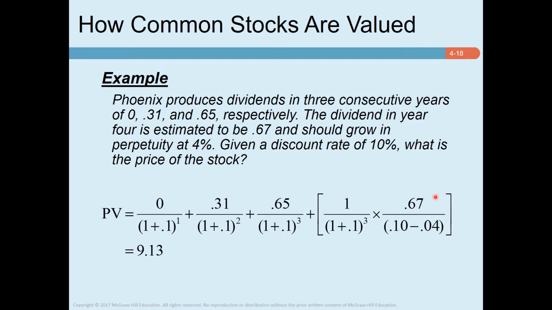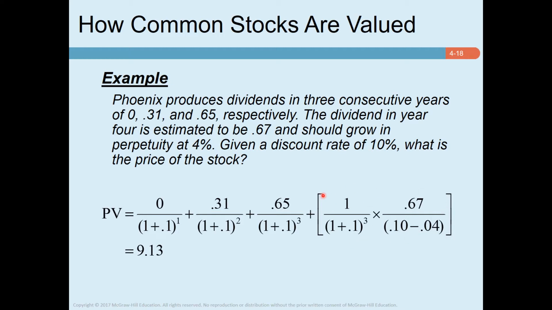So you can see that here the stock's dividend becomes a growing perpetuity. So this is dividend divided by required rate of return minus g. Is that all right? And so this part is the perpetuity and we multiply it by the present value factor.